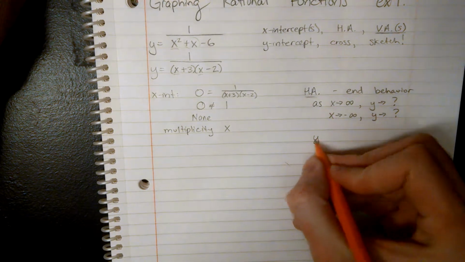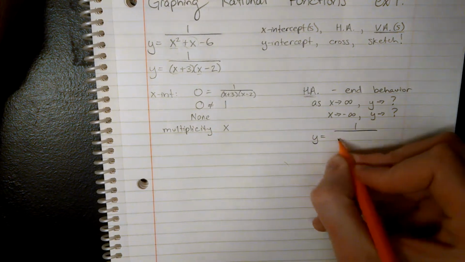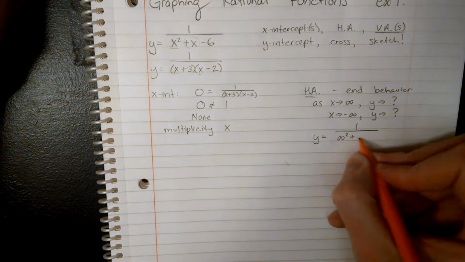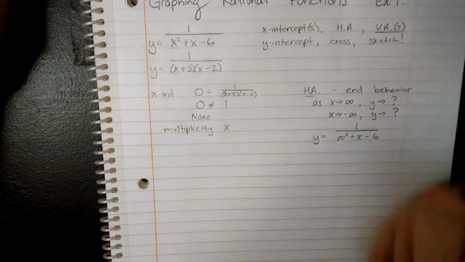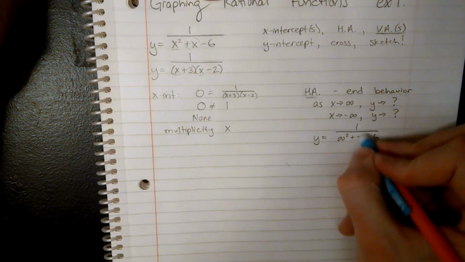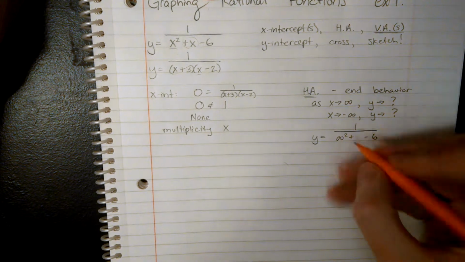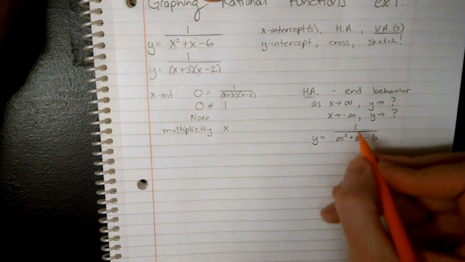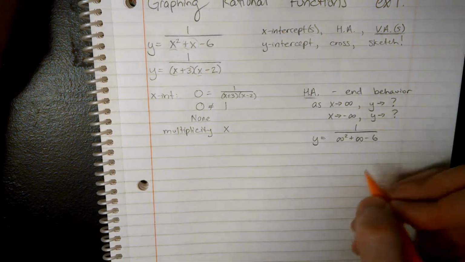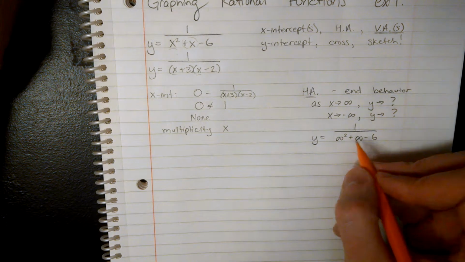So if I take my equation and I plug in some infinities for x, I end up with this, and technically that should be an infinity as well. So obviously infinity squared is just going to be a larger infinity technically.